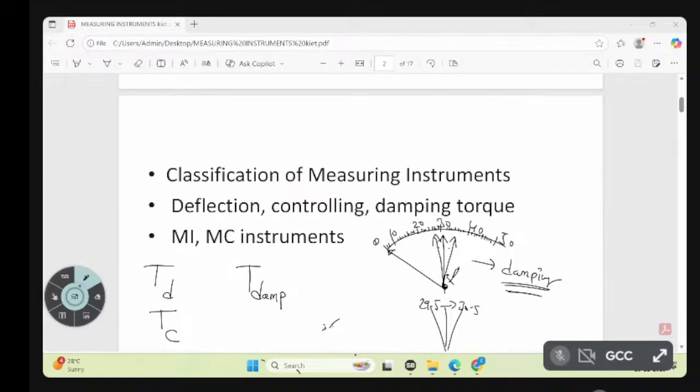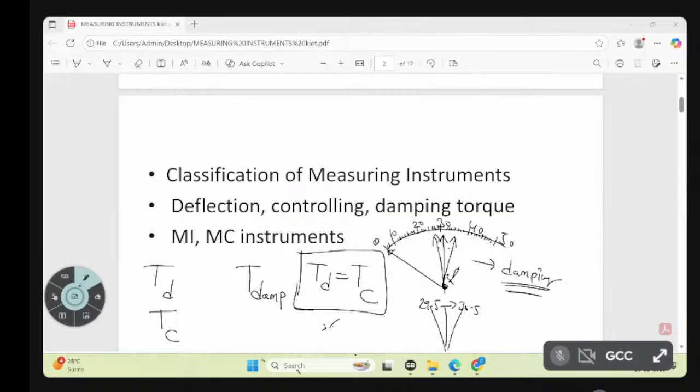This is about the three torques. Deflecting torque is the main torque. At the pointer, for example when it is showing 30, deflecting torque is always equal to controlling torque. This is our primary achievement.